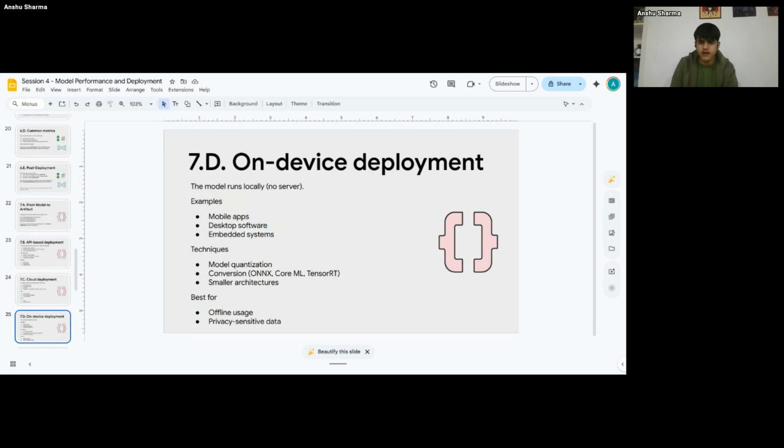In case of cloud and in case of API based, in both cases, the end device needs to be connected to the internet to send an API request or to query the cloud, right? But in this case, since everything is completely offline, you can actually just do that, right? And it is also good for privacy sensitive data.